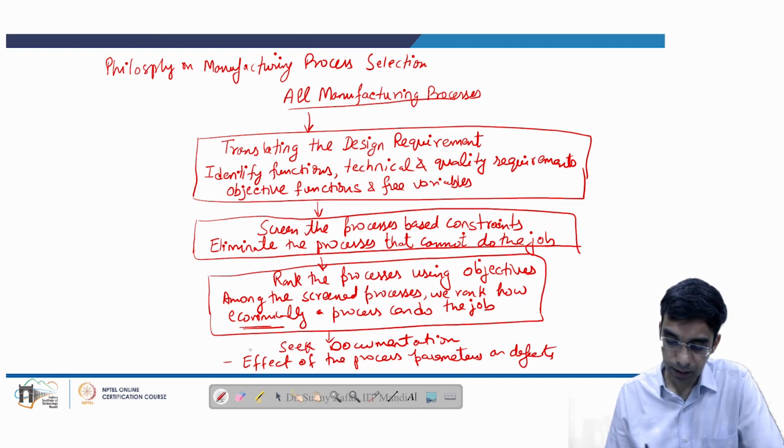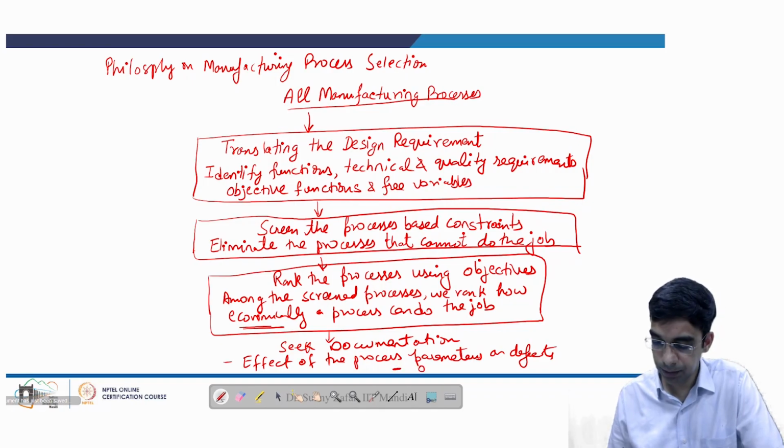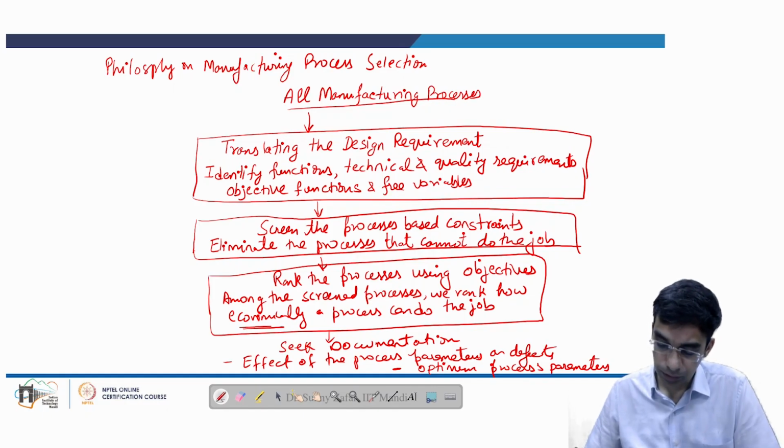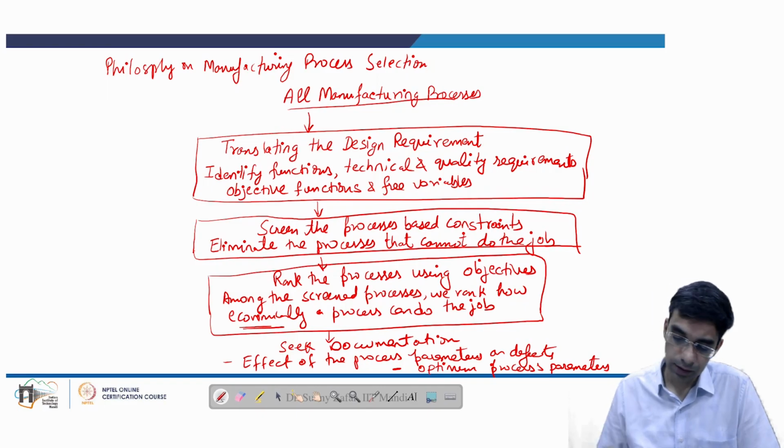We can seek information related to optimum process parameters related to the output, maybe the surface roughness or tolerance and so on.